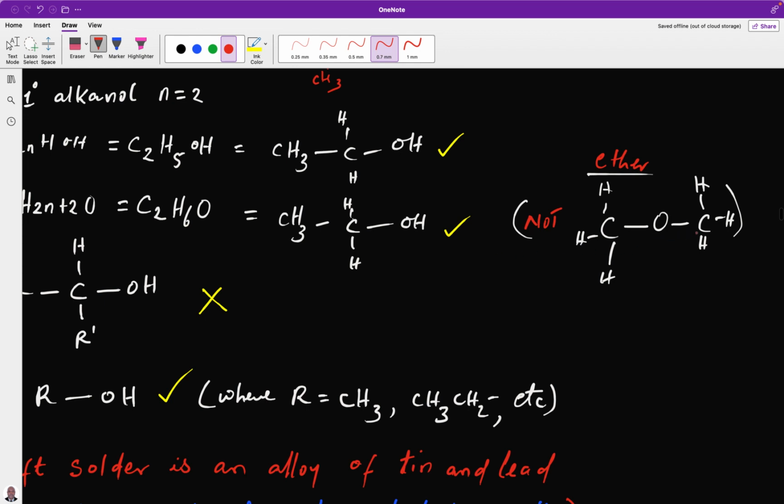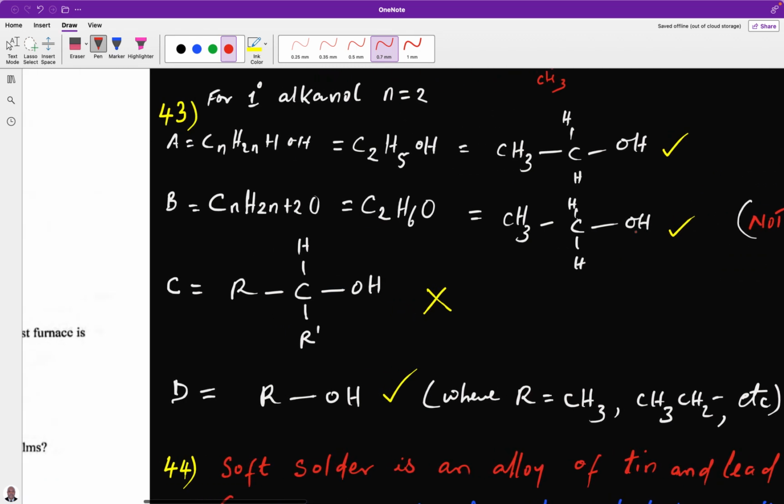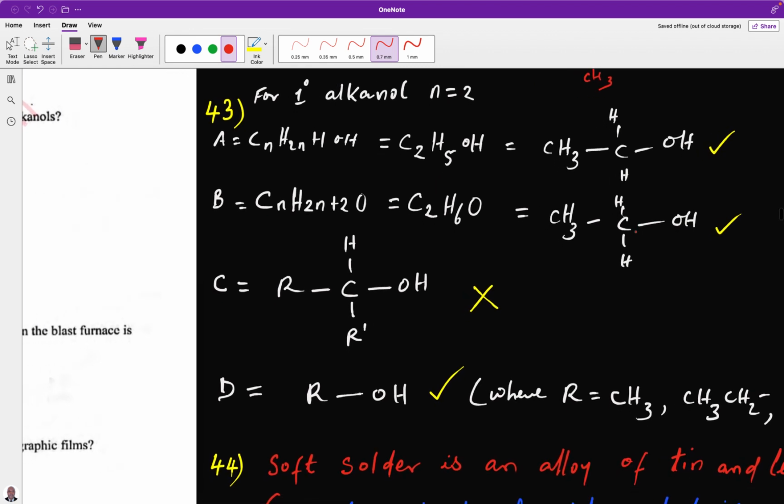This is an ether, methoxymethane. It's an isomer of this, but ethers are not involved, so don't involve it there. We are using only the ones that are alkanols. So when we substitute this here, this is a primary alkanol because one of the hydrogens has been substituted by a methyl group.